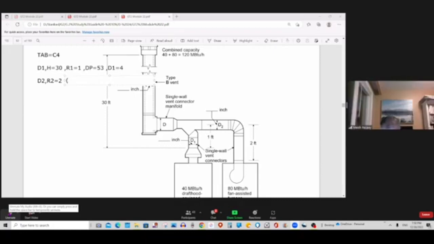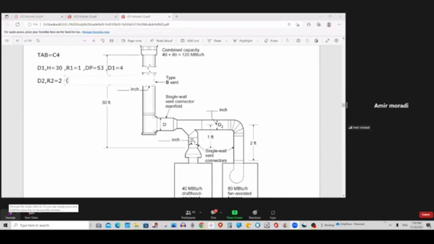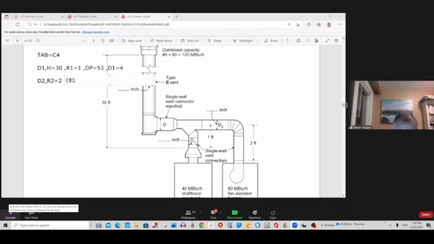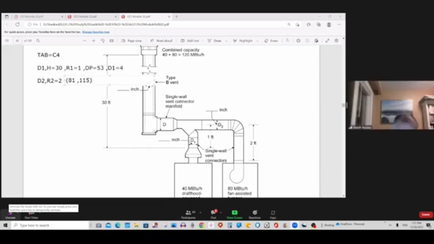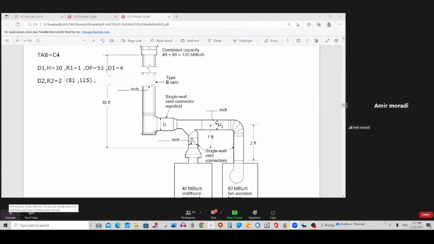What's min and max, sir? Just give me 1 second. It's 81 and 115. D is 4 inch. D2 is equal to how much, sir? 4 inch.